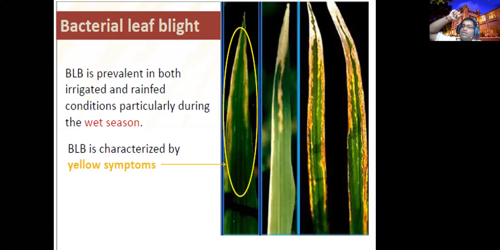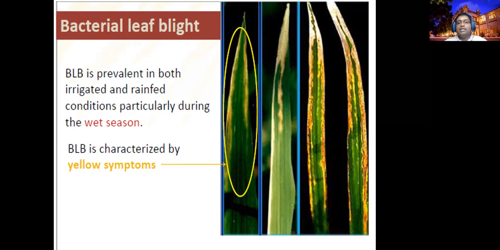That gives the bacteria an opening to penetrate. Second, the bacteria get in through the hydathodes, the pores in the leaves. So bacteria need damage to get in, unlike a fungus. Therefore, you can expect this disease particularly in the wet season.